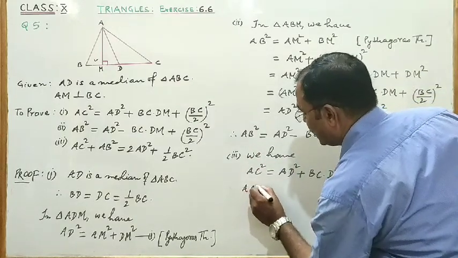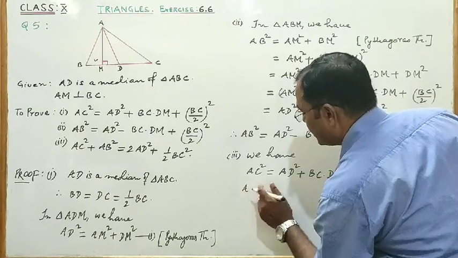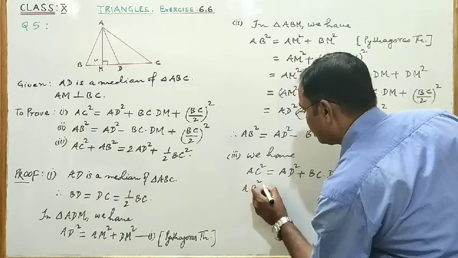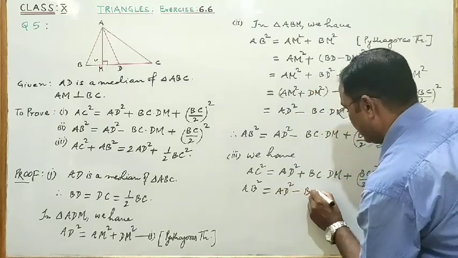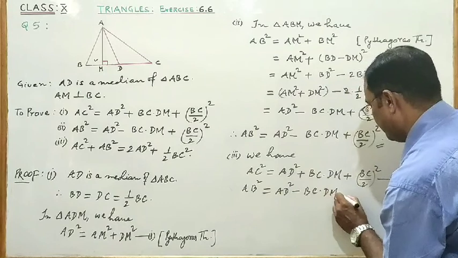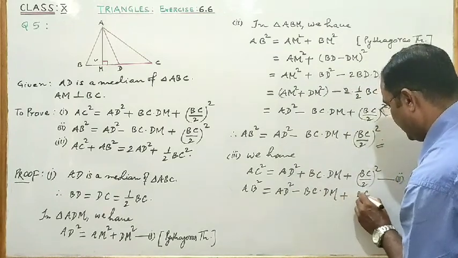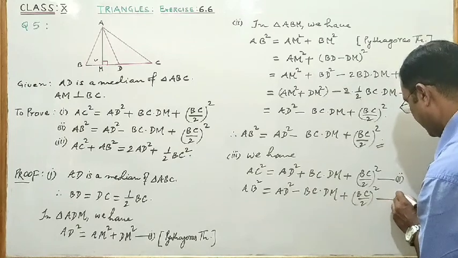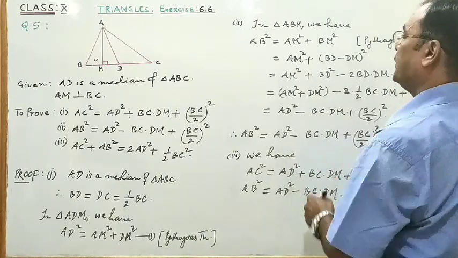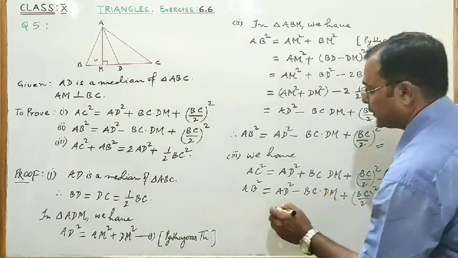And we have also proved AB square is equal to AD square minus BC into DM plus BC by 2 whole square, let it be number 3, and this we have proved in second part of this question.